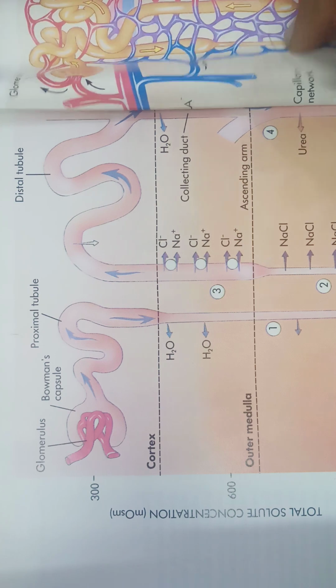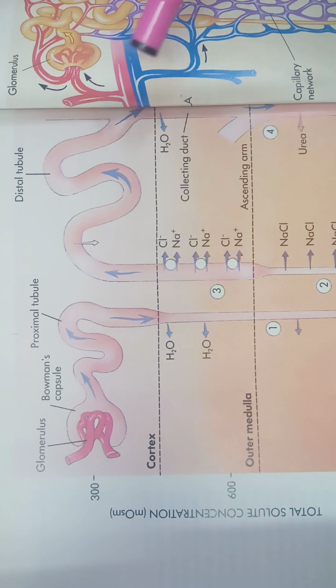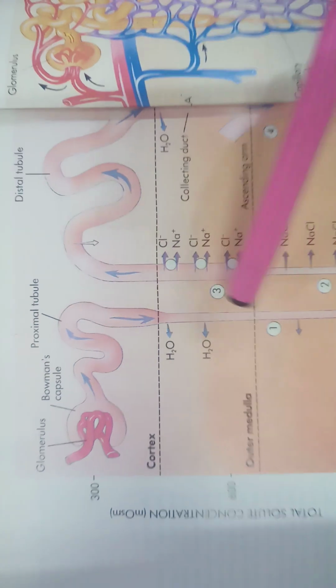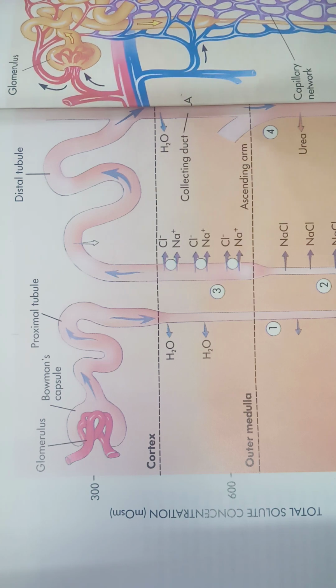So this diagram shows that from the proximal convoluted tubule, the loop of Henle and the distal convoluted tubule, the blood vessels reabsorb the useful substances.